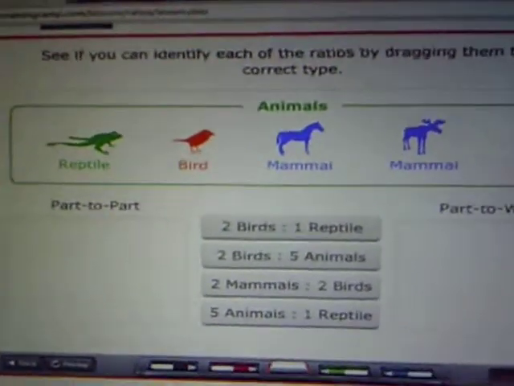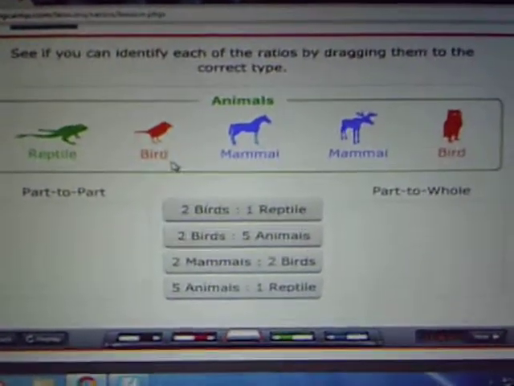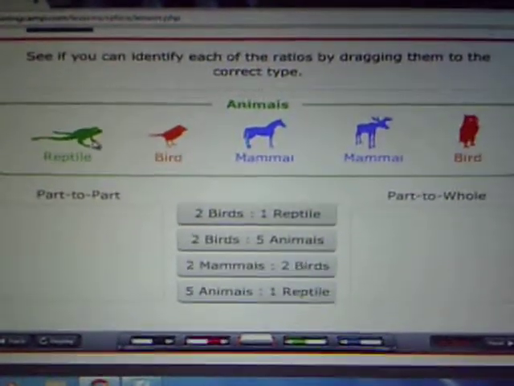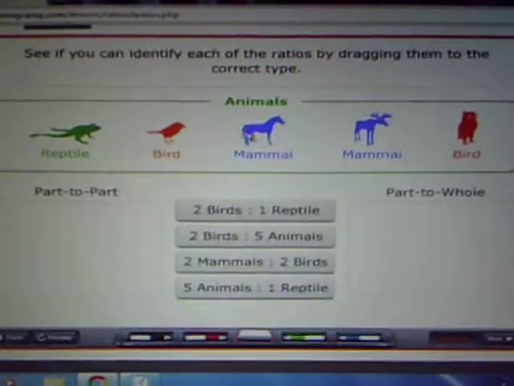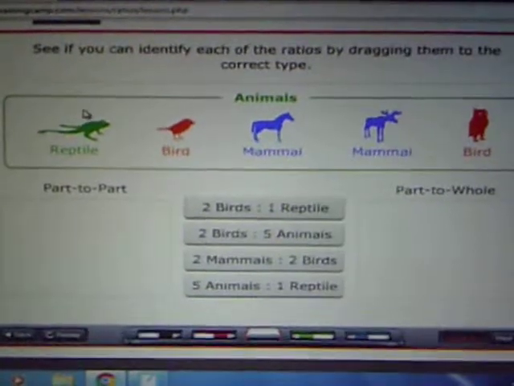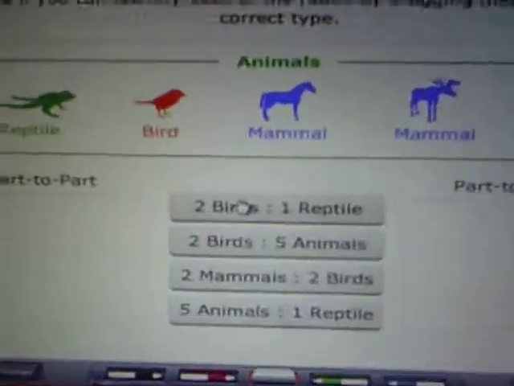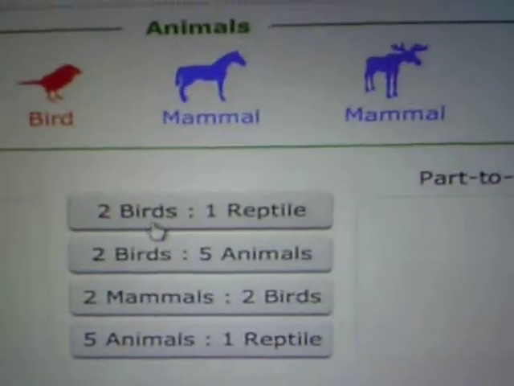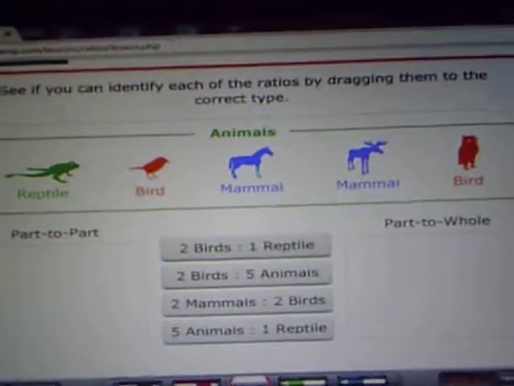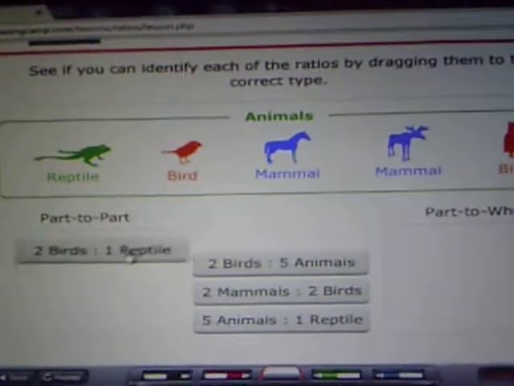And then a simple practice on which of these are part-to-part and part-to-whole ratios. Here we see a set of animals. We have a reptile, a bird, a mammal, another mammal, and another bird. Altogether we have 1, 2, 3, 4, 5 animals. So if we say the ratio of 2 birds to 1 reptile, there are 2 birds in the picture, to 1 reptile, birds to reptiles, we can say this is a part-to-part.